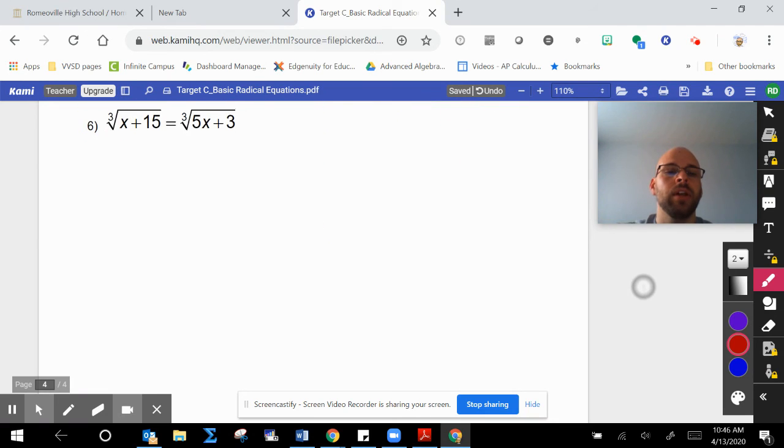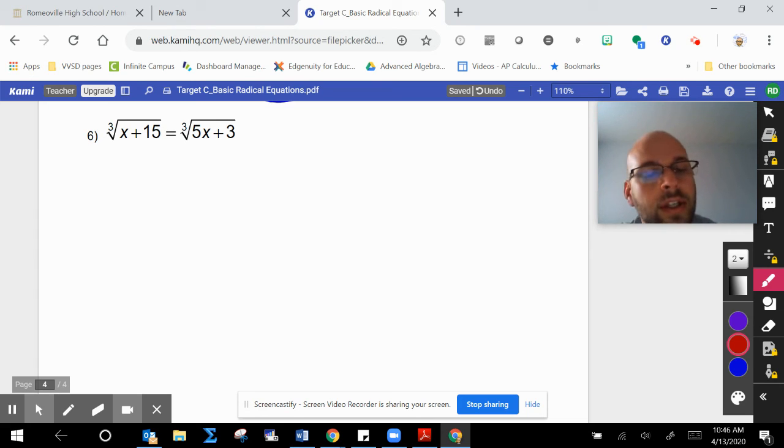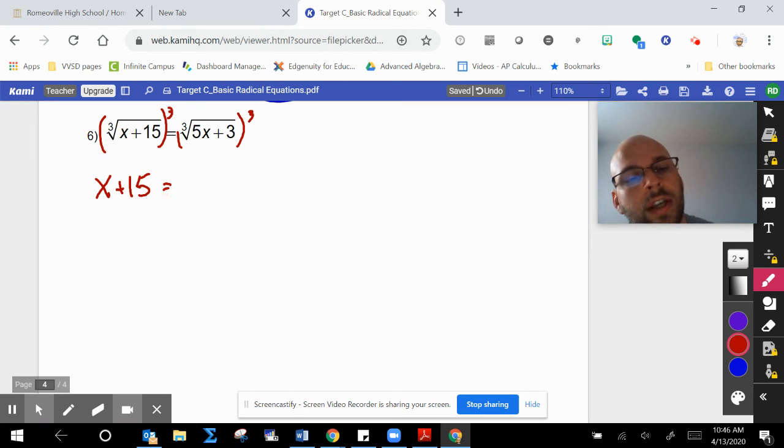Okay, last problem, solving basic radical equations. So this one, instead of square roots, I have cube roots, but ultimately, I'm going to do them the same. If you have the same radical on both sides, I know I'm just going to raise each side to the third power. That gives me x plus 15. That has to equal 5x plus 3.